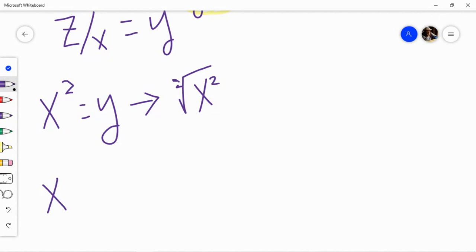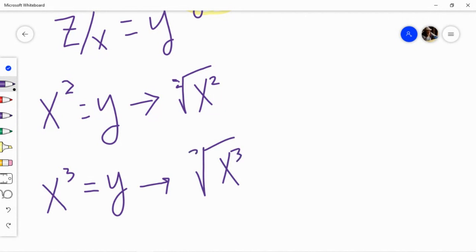If y is x cubed, to undo it you take the cubic root or third radical.